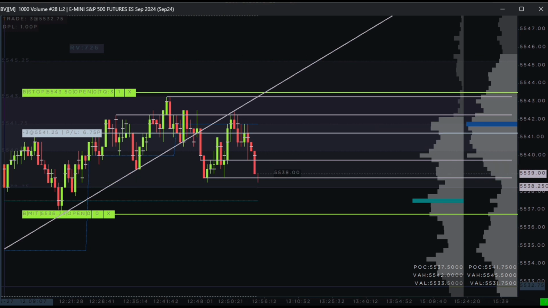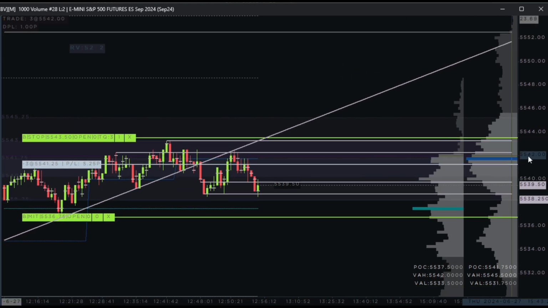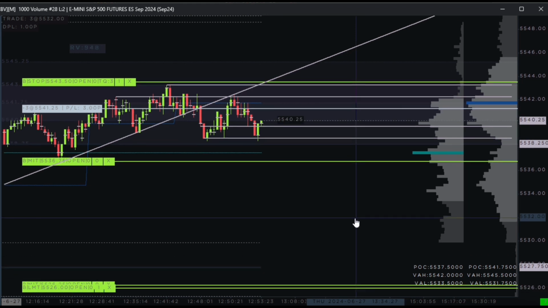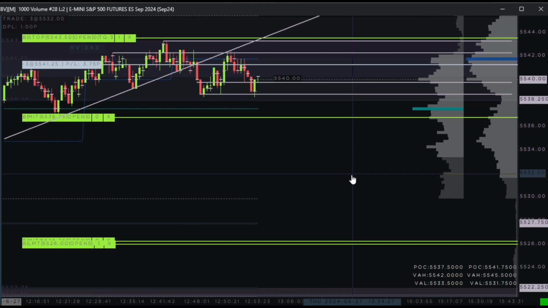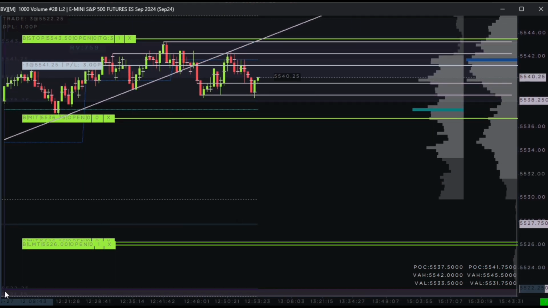All right, so there's the first profit target hit at 2 points. We'll zoom out a little bit here. Now that that first one has been taken, I'm going to set my other profit targets based on structure. Down at the bottom there, that pinkish zone is a larger time frame LVN.